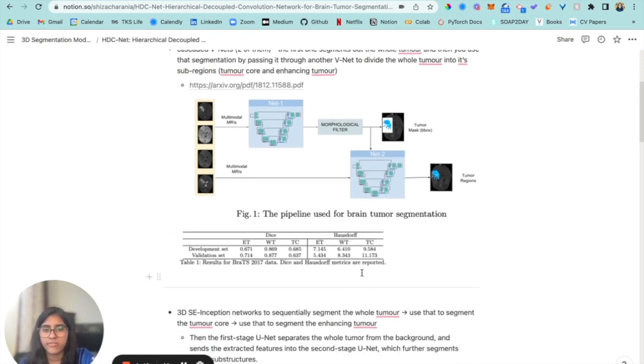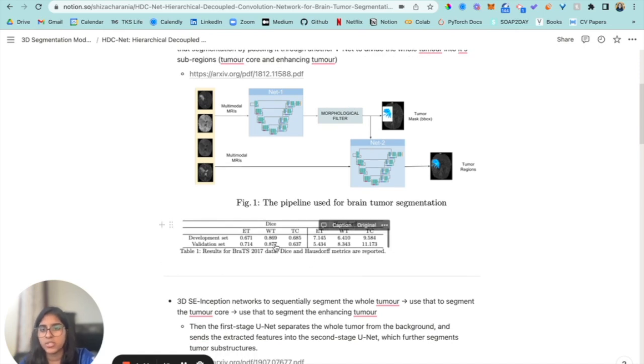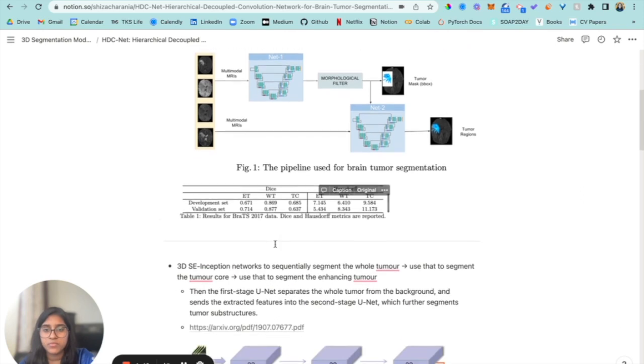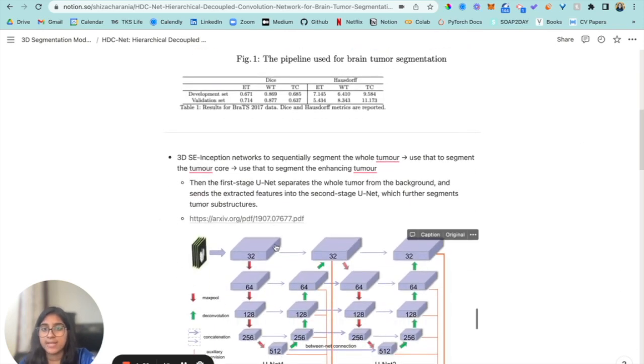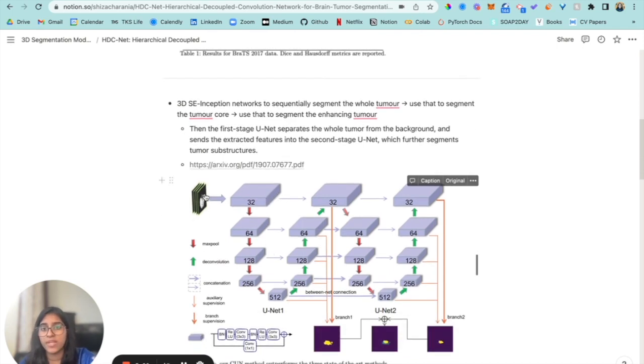And then you have the Hausdorff metrics as well, but it's just easier to conceptualize what the Dice metrics look like. This is another cascading model that was talked about in the paper, which is 3D SE inception networks to sequentially segment the whole tumor. So first of all, you have this, right? This is, again, the FLAIR, T1, T1CE, and T2.